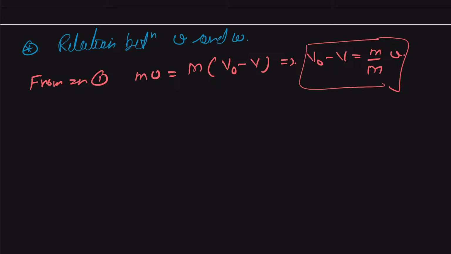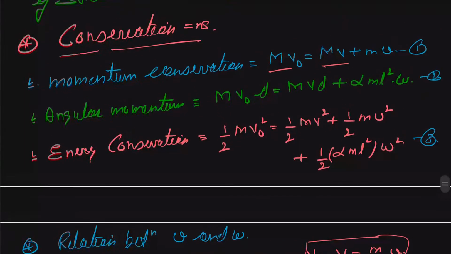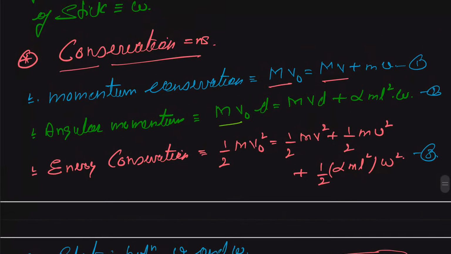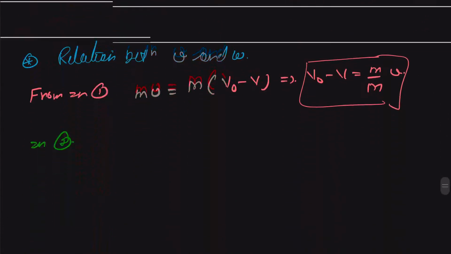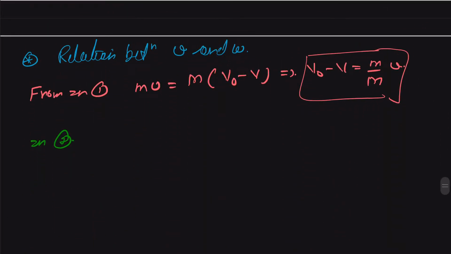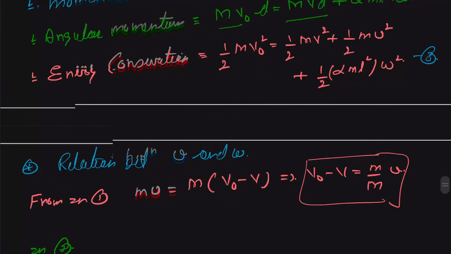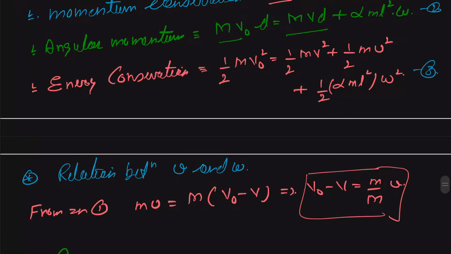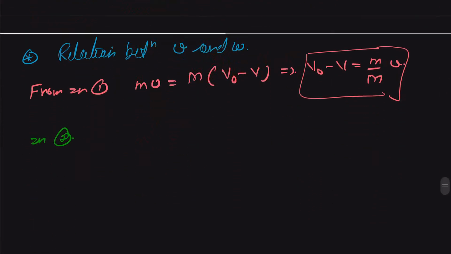Now we are going to use equation 2. So from equation 2 we can once again combine these two parts, and this gives us that md we can take as common, so we get m times d times (v naught minus v) is equal to alpha m L square times omega.